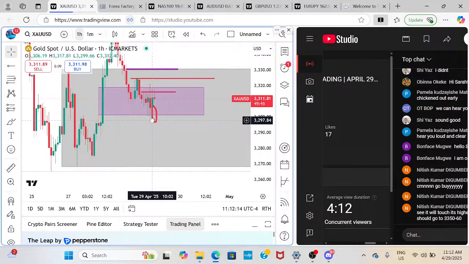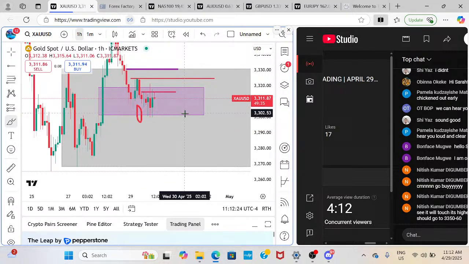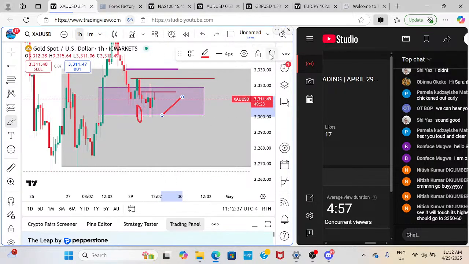Immediately once the price is able to break this current support, you can now look for a sell at the pullback. When the price retraces back towards anywhere between 3,301 and 3,318, 19, you can now look for a sell.